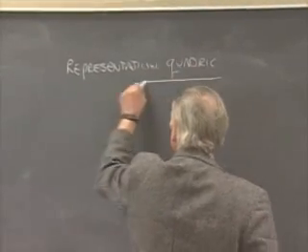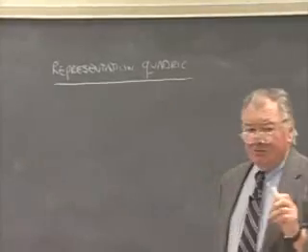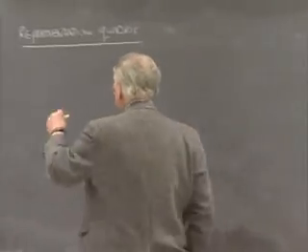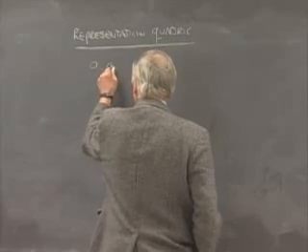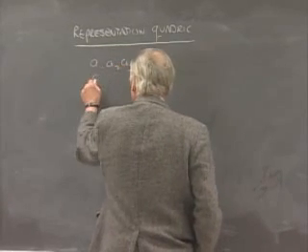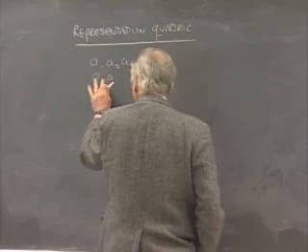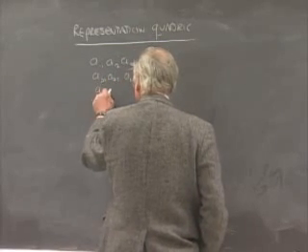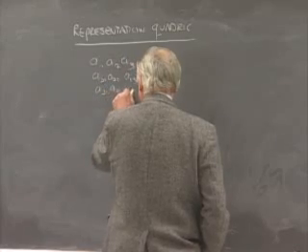To define it, we would take the elements of a second-rank tensor, something of the form A11, A12, A13, A21, A22, A23, A31, A32, A33.